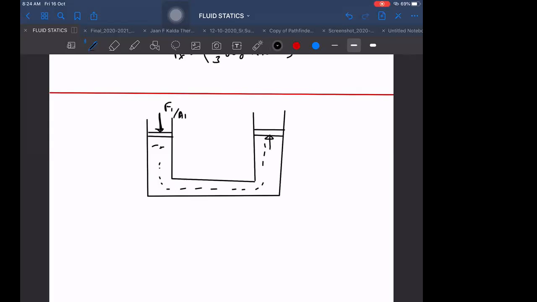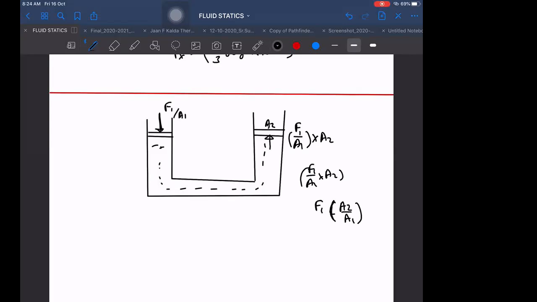Here the extra pressure will be equal to F1 by A1 only. But if this area is A2, then what force can it apply now? It can apply the force upwards. So the advantage is that by applying force F1, I can get extra force on the other side, which will be equal to F1 into A2 by A1. So by applying a slight force, I can get more force on the other side.